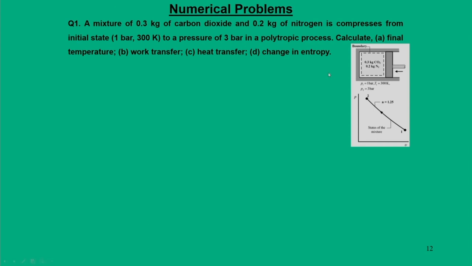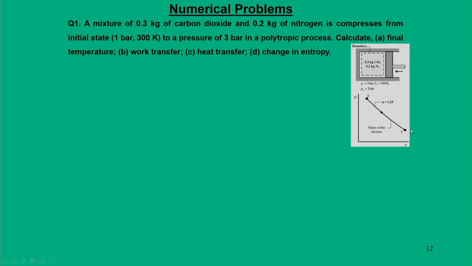Here the problem statement is that we have a mixture of 0.3 kg of carbon dioxide and 0.2 kg of nitrogen, and they are getting compressed. This mixture is compressed from its initial state, which is 1 bar and 300 Kelvin, to a final pressure of 3 bar.